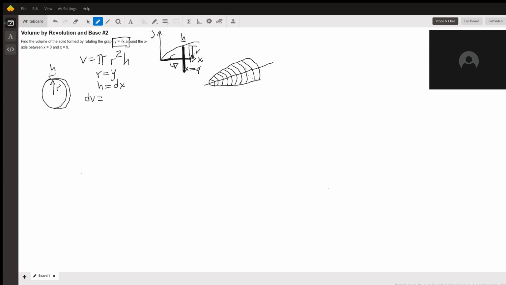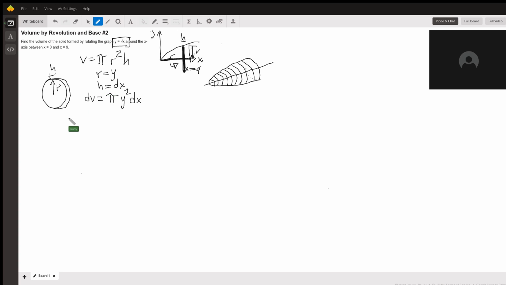So then the infinitesimal volume is going to be dV equals pi y squared times dx. Notice what I did is I just plugged in the value for r and the value for h.